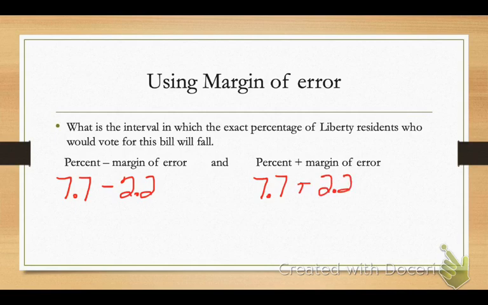When I add the margin of error, I'm going to get the top of my interval. So I get 5.5 to 9.9. So the exact percent of people that would vote for this bill is going to fall somewhere between those two percentages. I'm going to ask you to do this in your practice and then in your homework.